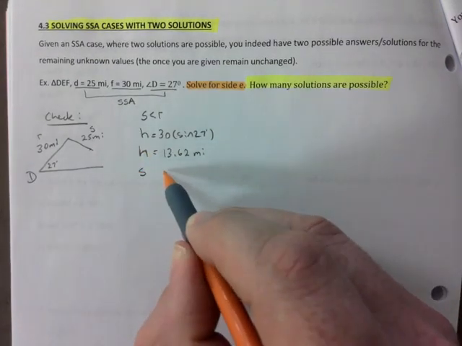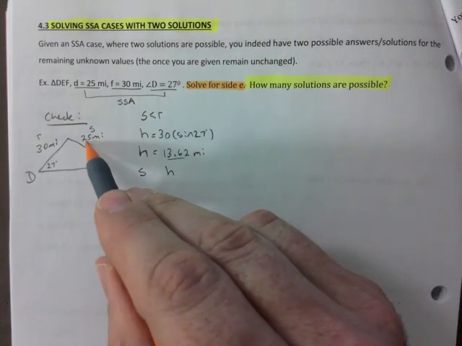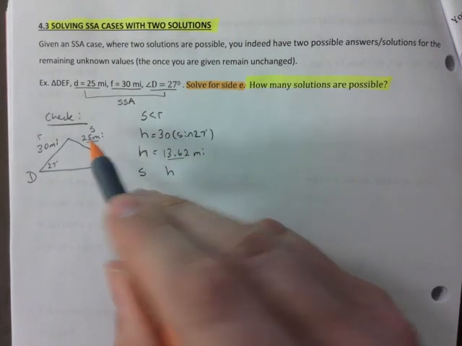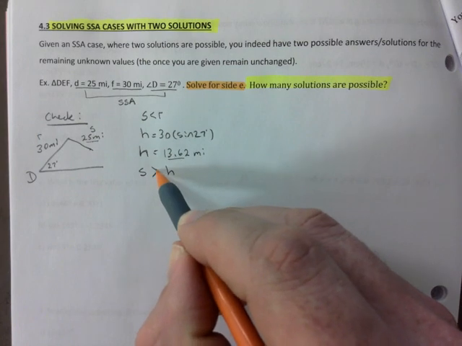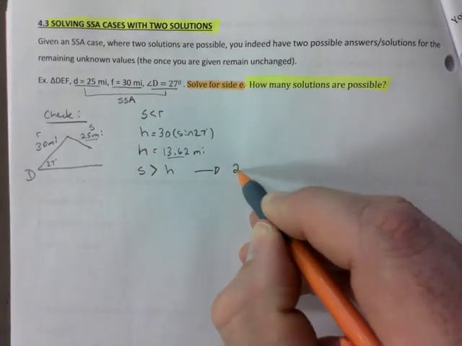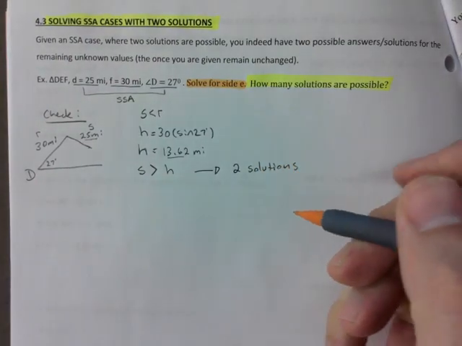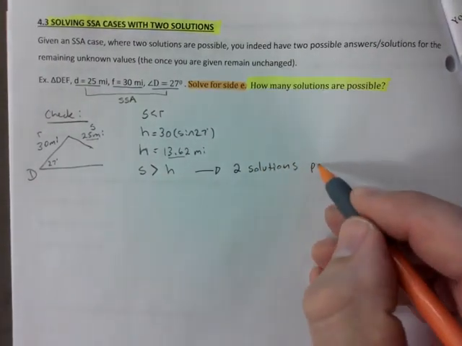Now you're saying, hey, what about the string and the height? Like, what should I say? Go by numbers. The string is greater than my height. Therefore, I can say 2 solutions possible.